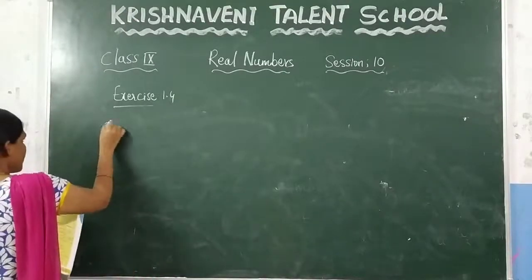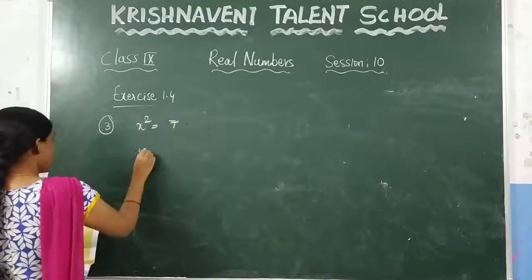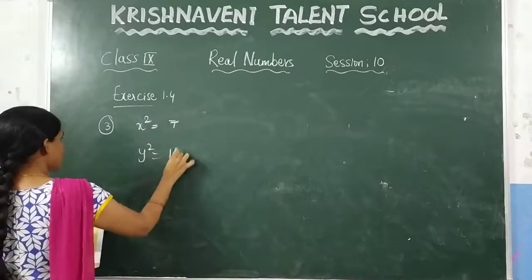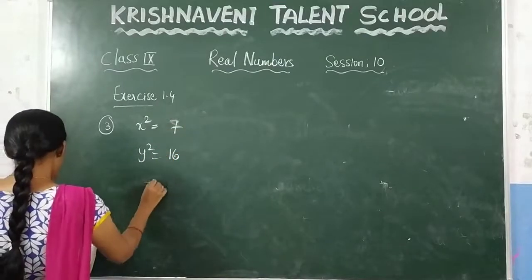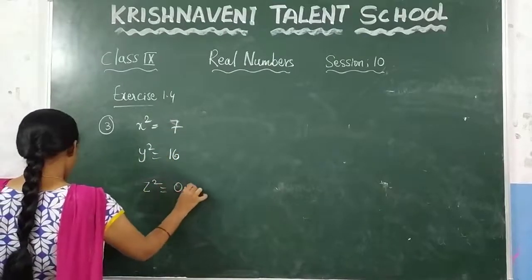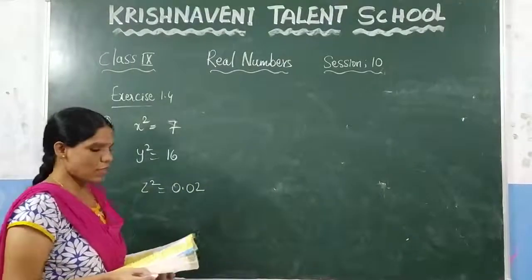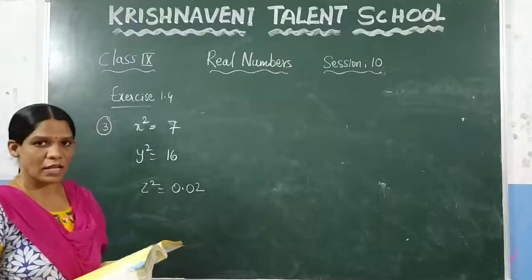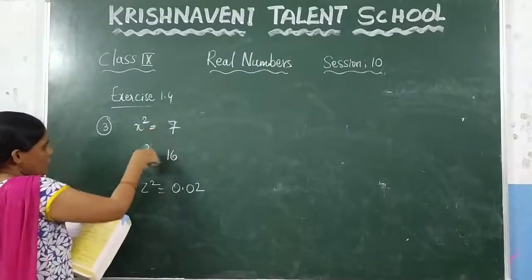Third question, very easy. x square is equal to 7, y square is equal to 16, and z square is equal to 0.02. Just like the previous problem, you have to say whether each is a rational or irrational number, but here they have given the value of the squares.